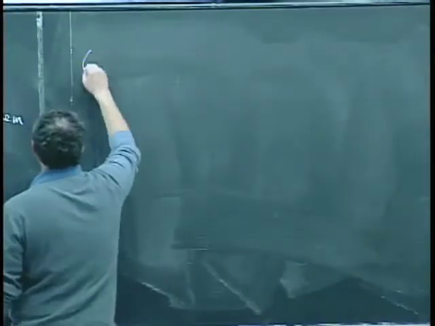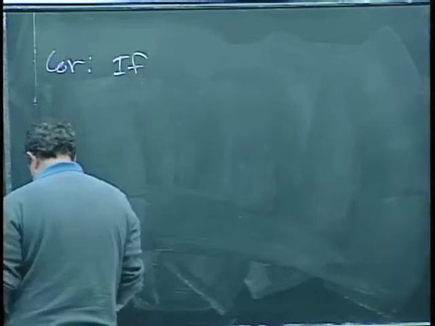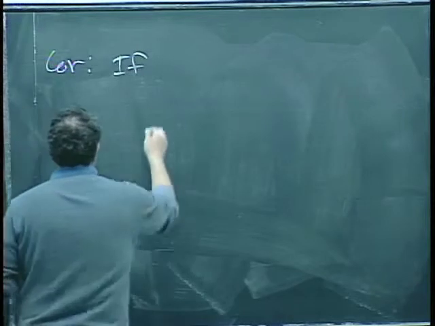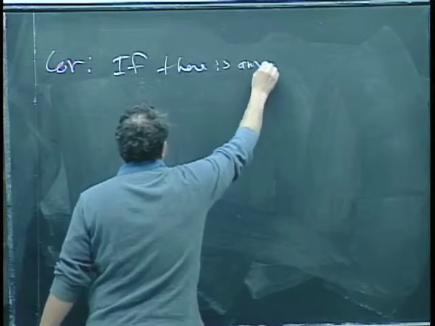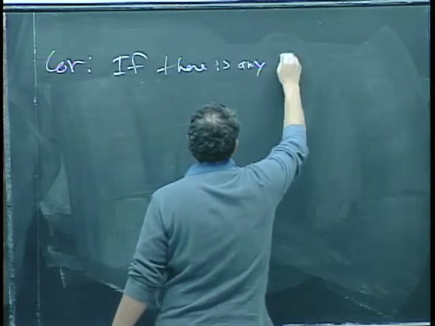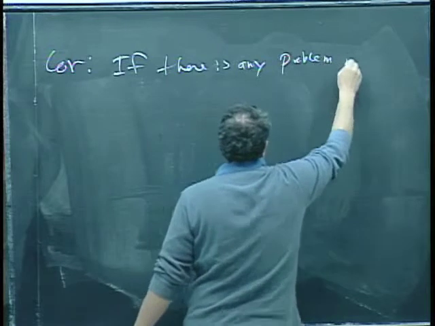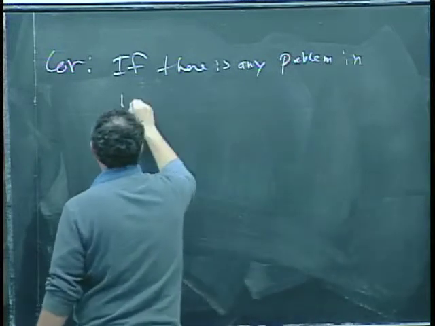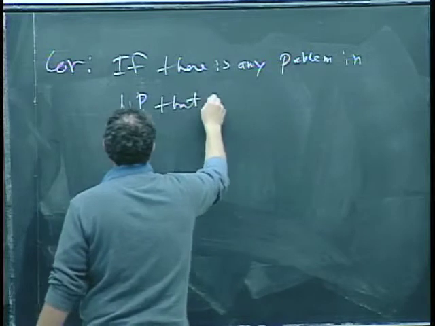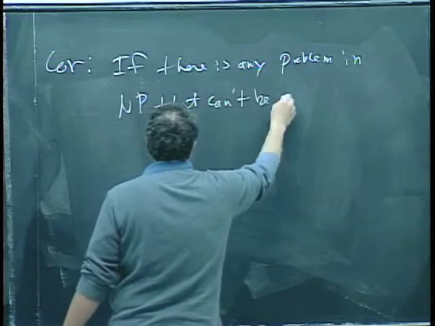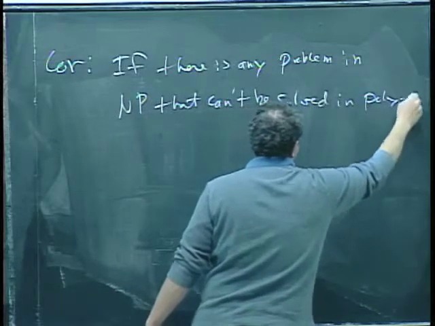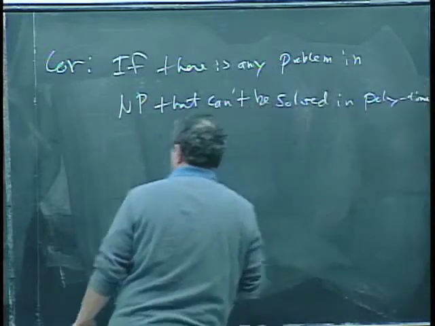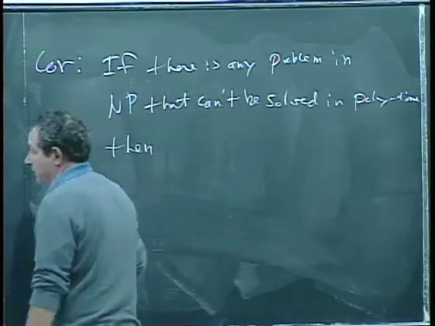So a corollary of this is that if there is any problem in NP that can't be solved in polynomial time, then what?